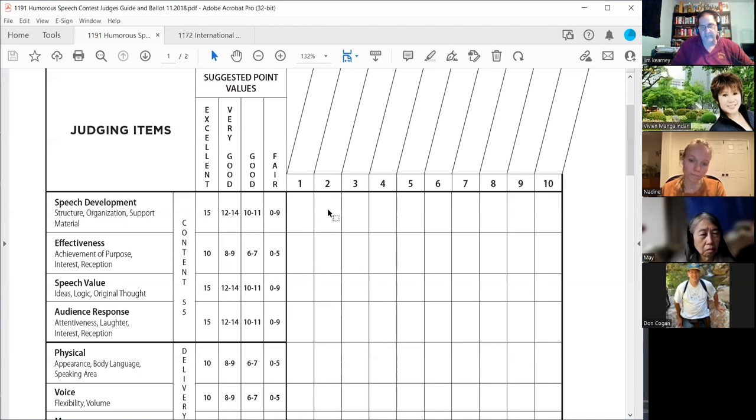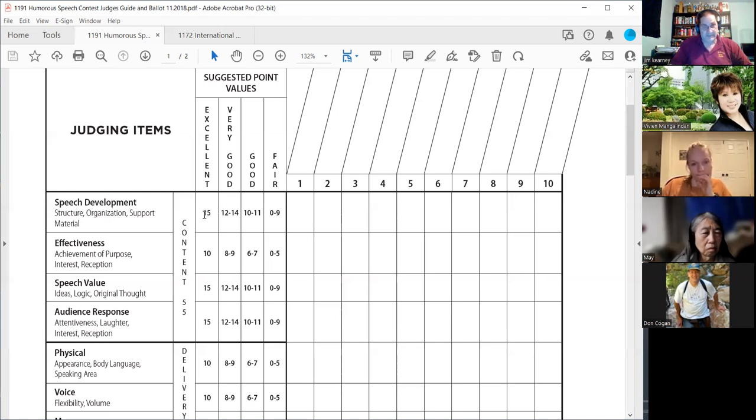And every time that somebody hits something that I'm looking for, I'll put a plus. And every time that they miss something that I'm looking for, I'll put a minus. And then I'll add up the totals of the pluses and the minuses, and then I'll add it to the middle score here.